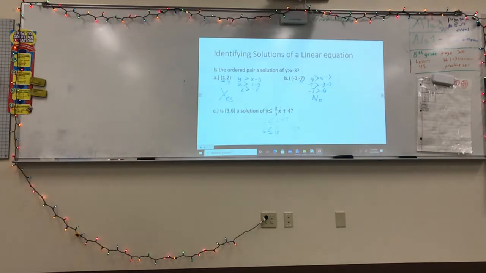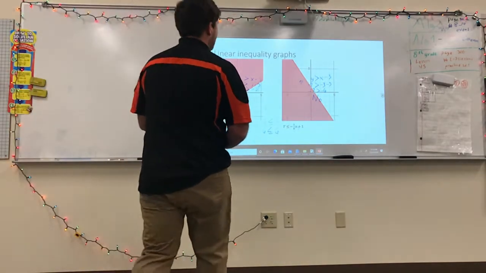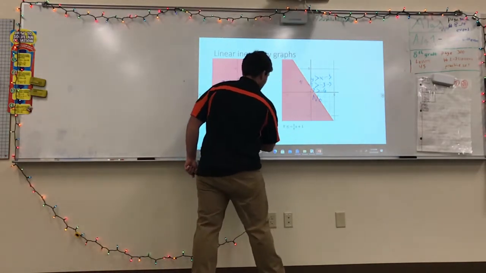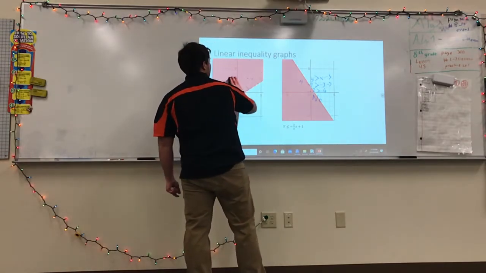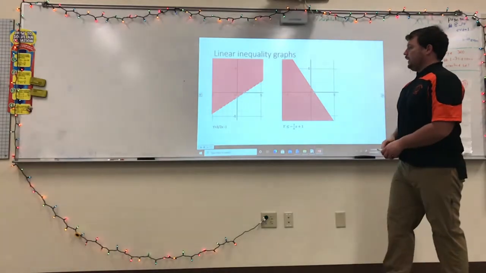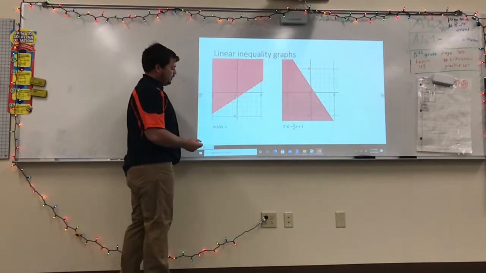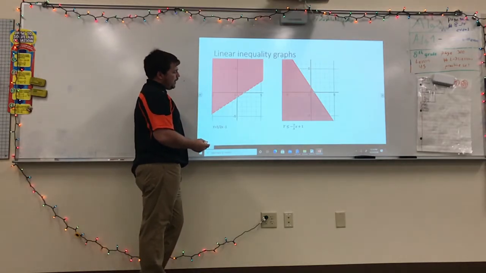Now our next one here. Now we have inequalities. Inequalities are going to be graphed like this, with shading below and above. We have y is greater than 3 over 2x minus 1.